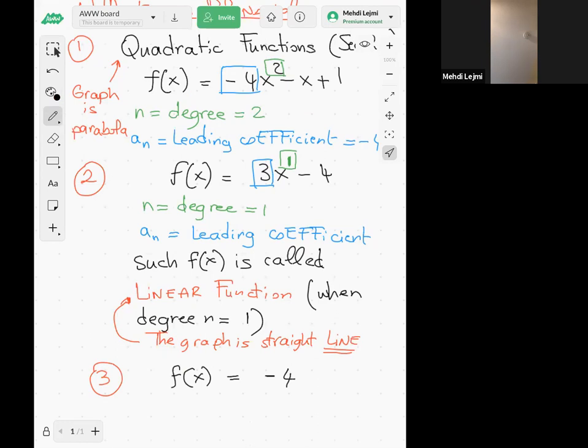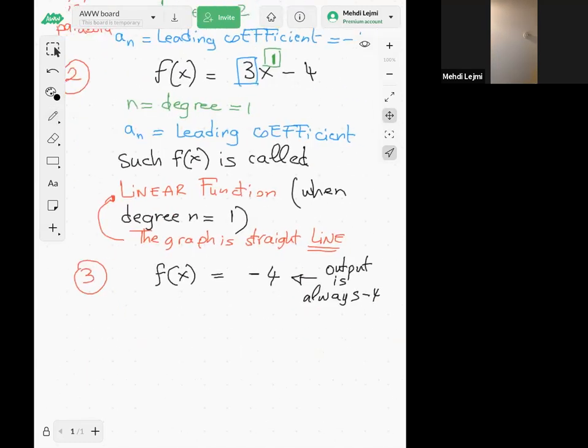When I write f of x is equal to -4, it means that for each input x, the output is always -4. So how do we graph f of x equal to -4?